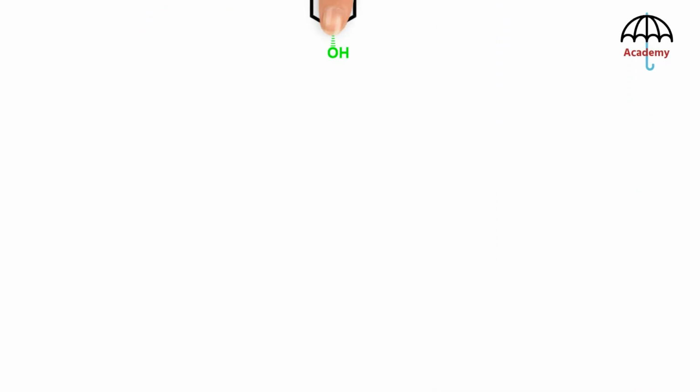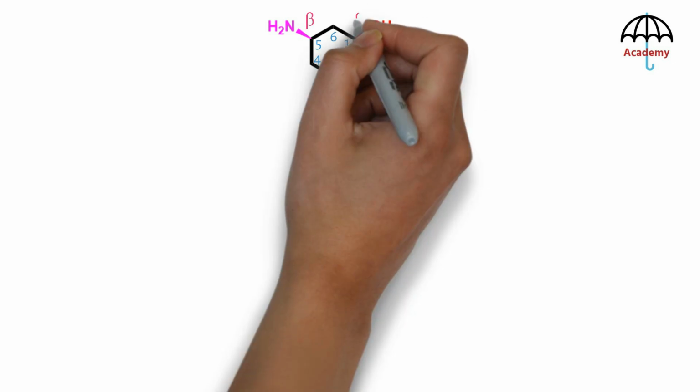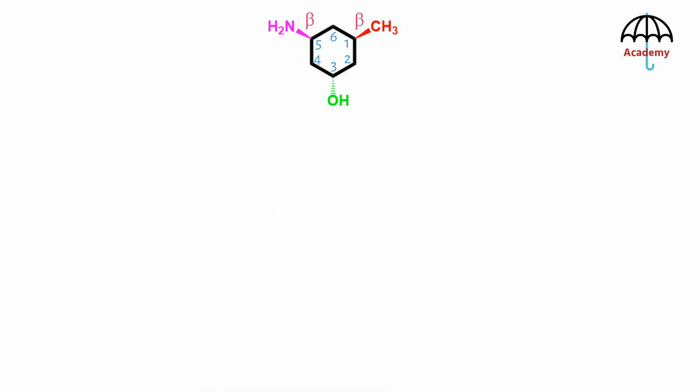Consider this substituted cyclohexane. I will number the carbons of ring. But this is not as per IUPAC. This is just to track carbons in chair form so as to not commit any mistake when attaching substituent groups. Amino group is on wedges, therefore it is beta. Methyl is also beta.